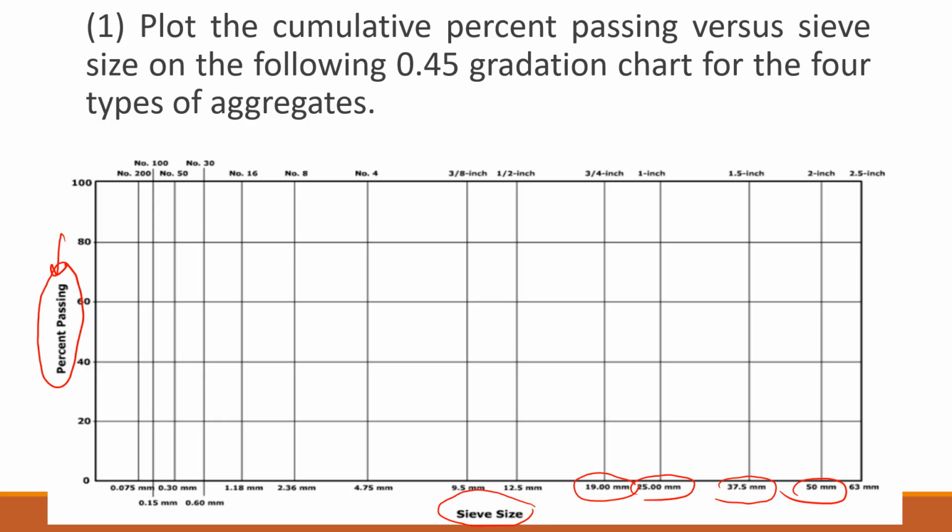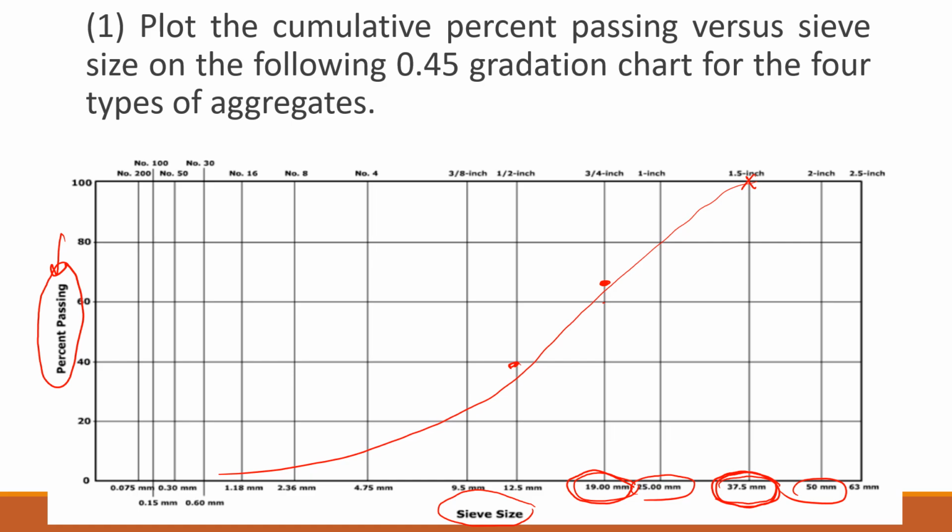For example, if in this size percentage passing is 100%, we know where to plot it. If we know 19%, 65%, so 65 is here, and 12.5, maybe 40%. Likewise, we can plot a graph like this with the particle size distribution if we know the percentage passing and the sieve size. Do you agree with that?